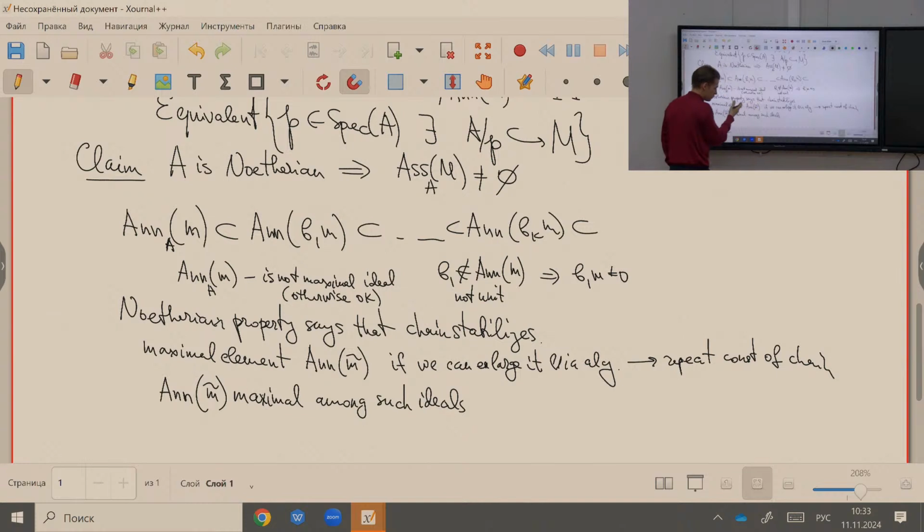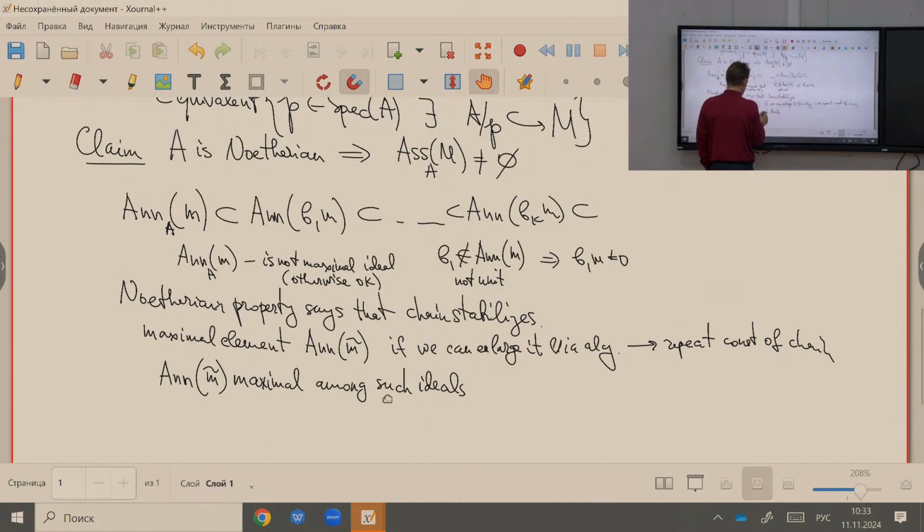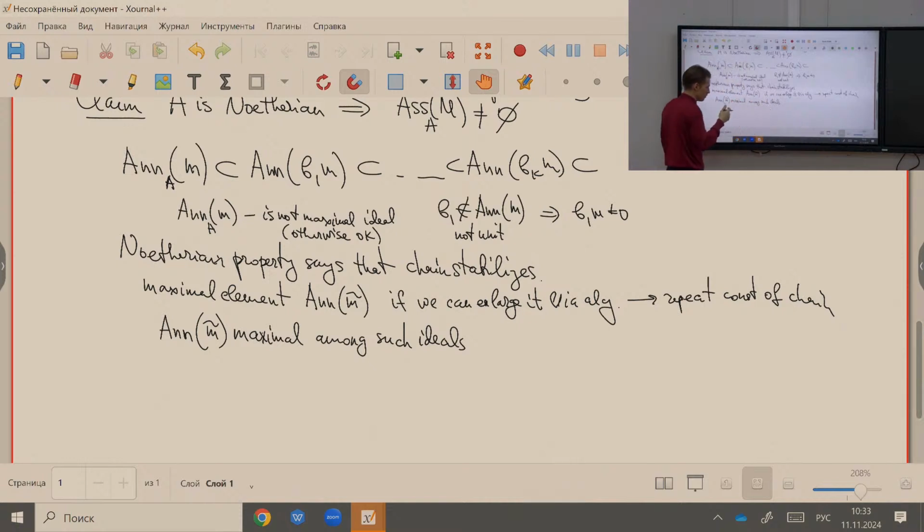Formally you have to use Zorn's lemma here, because you consider the chain of these sets, and you prove that there is a maximal element using the Noetherian property.